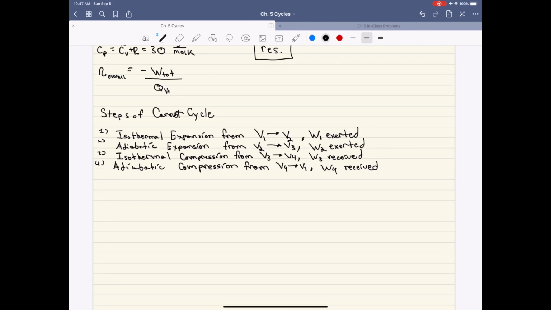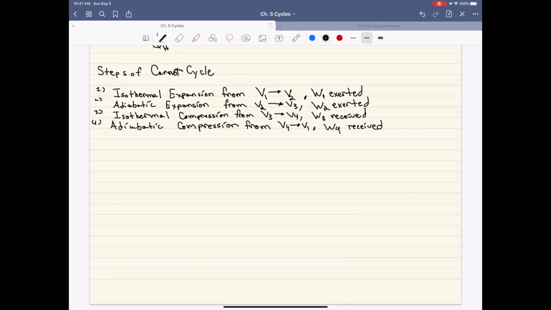Another way to visualize the cycle is by drawing a process flow diagram. The gas has 4 different states, and there are also 4 different steps that the gas experiences. In the initial state, the gas is at TH, P1, V1.